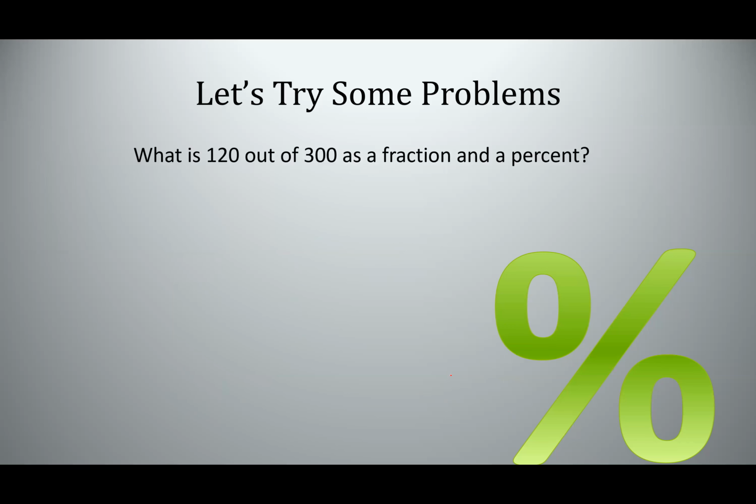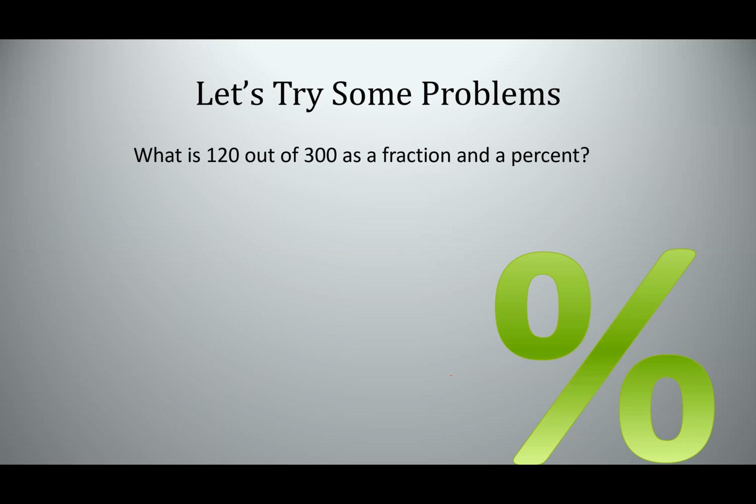Okay. Let's do some more. What is 120 out of 300 first as a fraction and then as a percent? Yeah, you guys can turn to the back page now. What is 120 out of 300 first as a fraction and then as a percent?